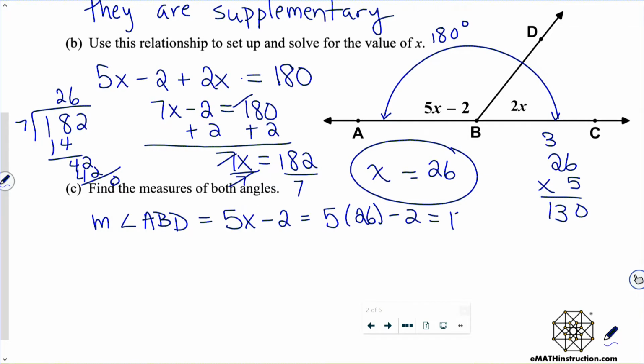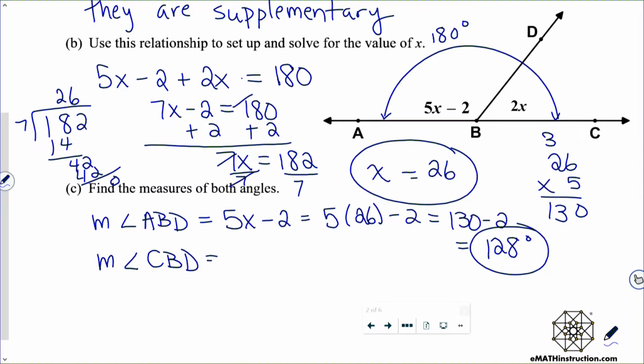So that's going to be 130 minus 2. So the measure of angle ABD is 128 degrees. The next one's going to be easier. The measure of angle CBD is simply 2x, which is 2 times 26, and that's 52 degrees.